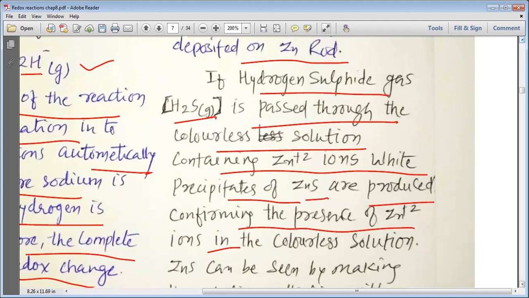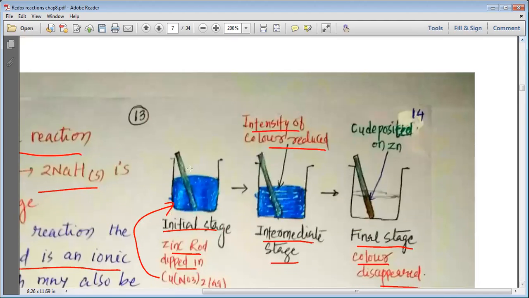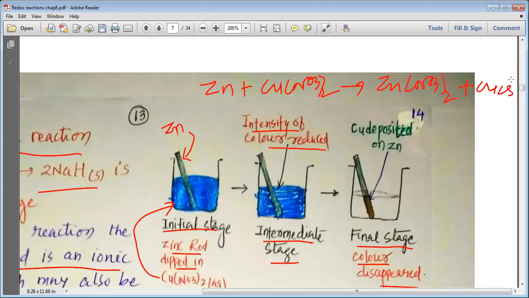So, my dear students, when we look into the figure once again, when we put this zinc rod into the Cu(NO3)2 solution, what happens? This zinc reacts with Cu(NO3)2 and produces Zn(NO3)2. And Cu turns out to be solid. So in Zn(NO3)2, we have Zn2+ ions.